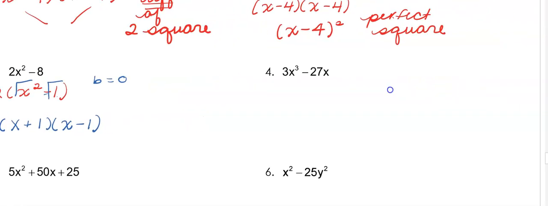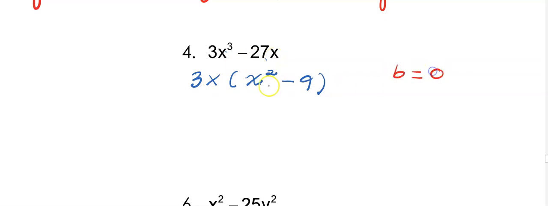All right, number 4. GCF first. I could see I could pull out a 3 and also an x. If I pull that out, I would need 2 x's to make a 3x cubed and a -9 to get that -27x. Again, b is 0, and if you think about it, these are both perfect, so it's going to be a difference of 2 squares. They need to be perfect, otherwise we can't take the square root.